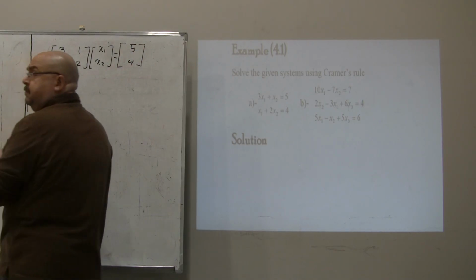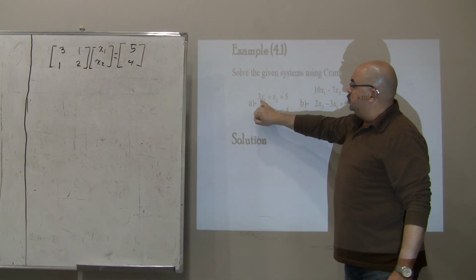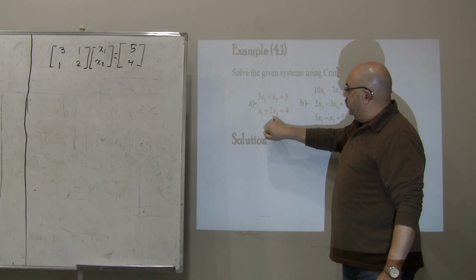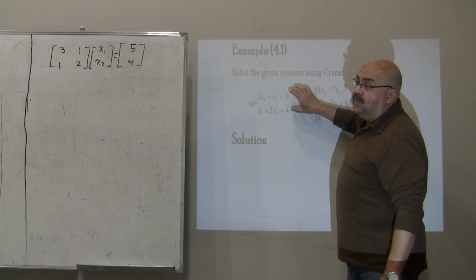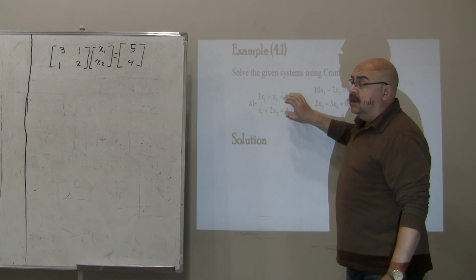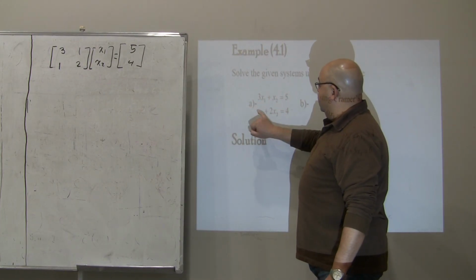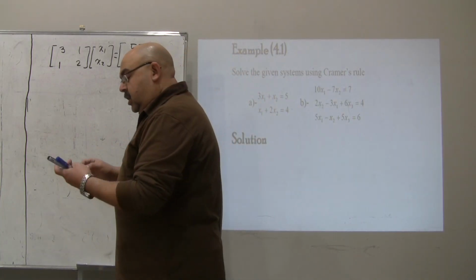Are you with me? Once more, looking at the first row, 3x1 plus x2 equals 5. The second row is x1 plus 2x2 equals 4. I'm going to put this system of equations into augmented matrix form, so it's going to be 3, 1, 5, 1, 2, 4. Already you know about this, okay?